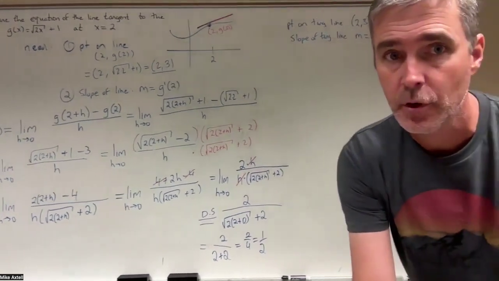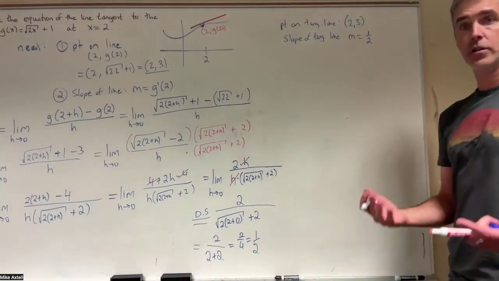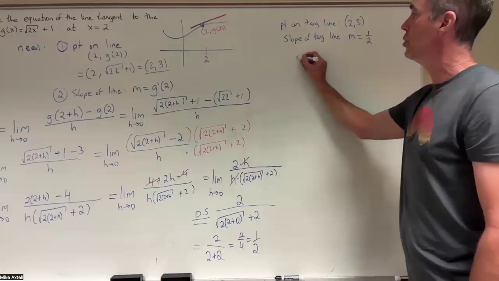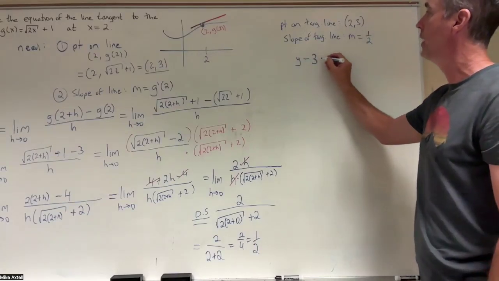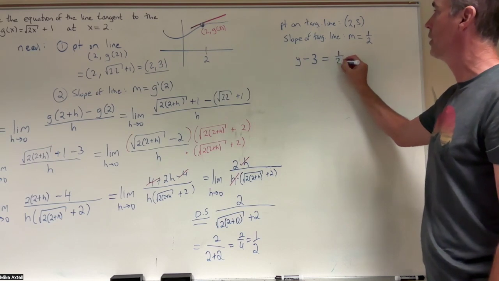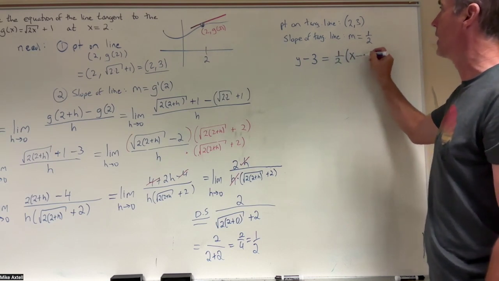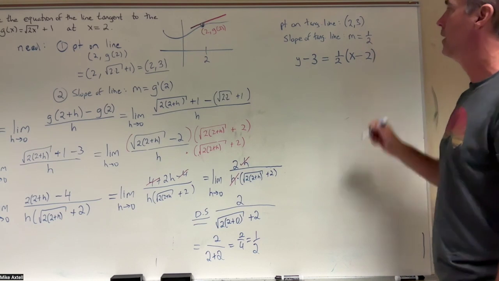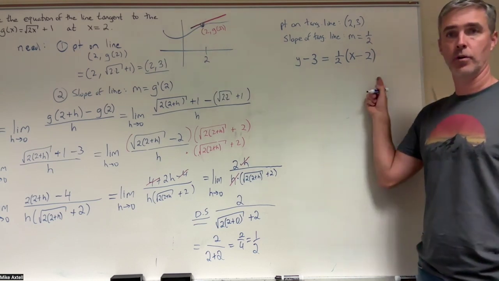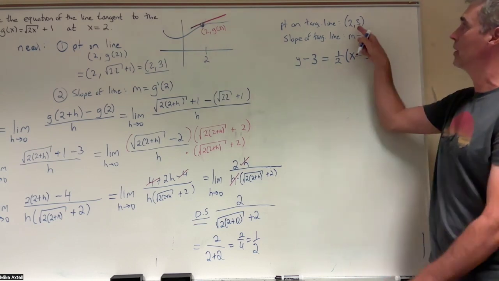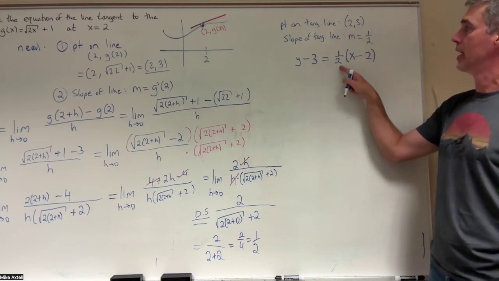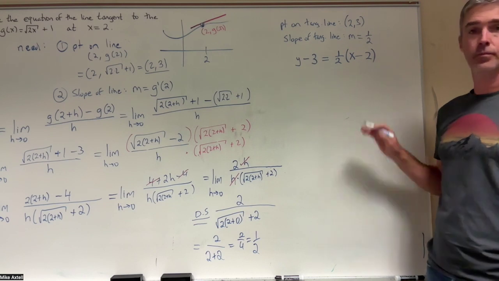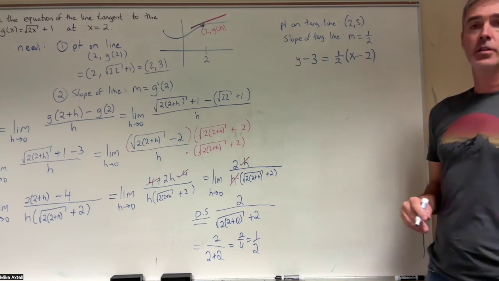So let's just come over here and finish the equation of the tangent line. I'm going to do y minus my y value equals my slope times x minus my x value. So that's the point slope form. You have a point on the line and the slope. Y minus your y value equals m times x minus your x value. Okay. So there's the equation of the tangent line.